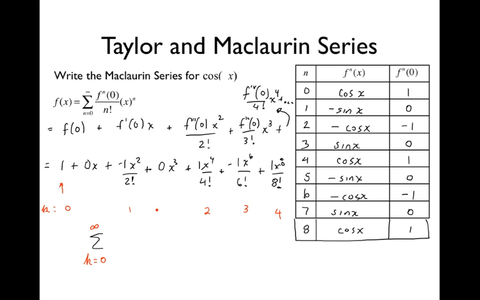I have to look at my value of k in relation to the term that I have. When k equals 1, I get negative x squared over 2 factorial. When k is 2, I get x to the 4th over 4 factorial, etc. When k is 3, I get negative x to the 6 over 6 factorial. See if you can write the formula in terms of k now. What formula in terms of k will generate these non-zero terms the way I've indexed with k?